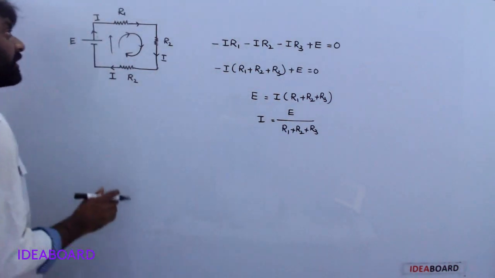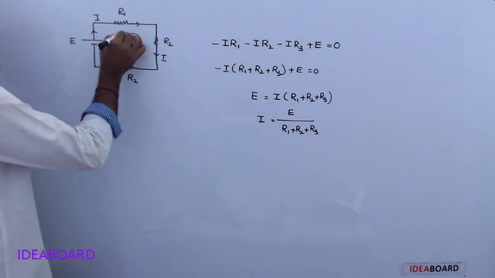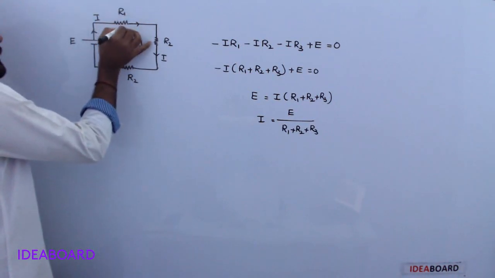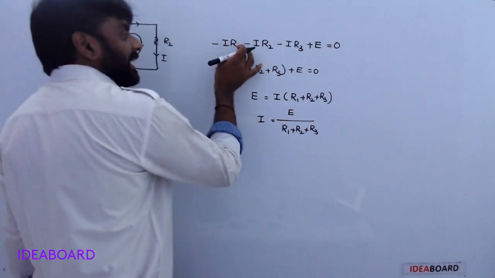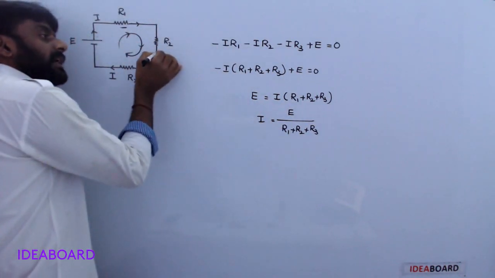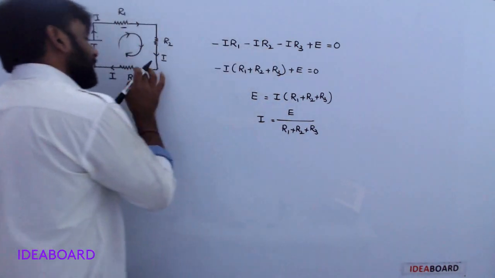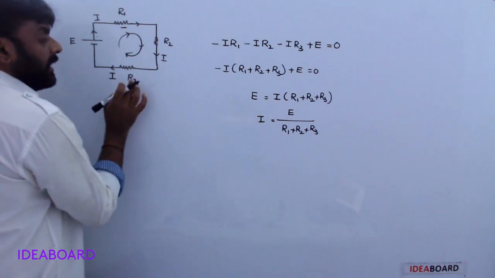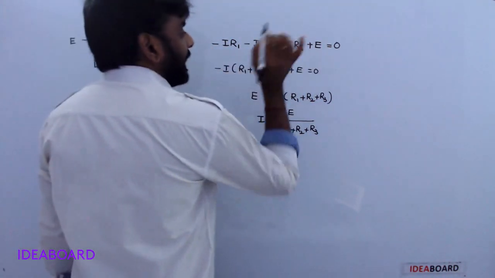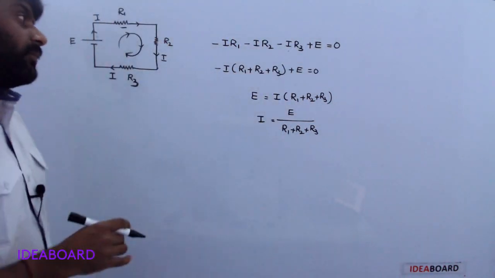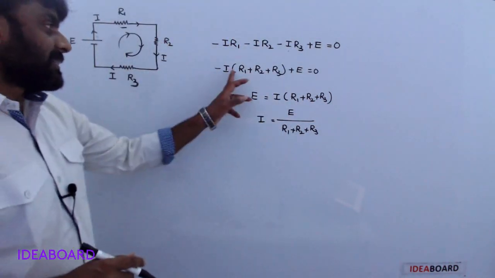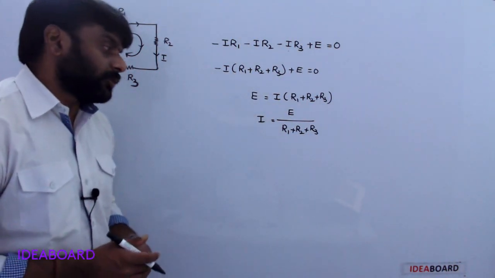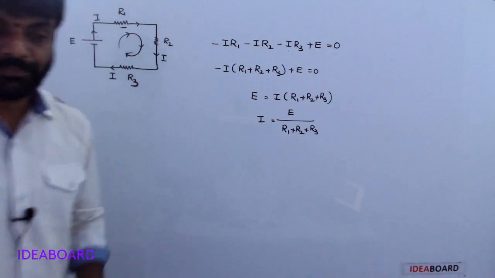Once again, you are taking in the current passing direction. That's why the potential drop across R1 is minus IR1, across R2 is minus IR2, across R3 is minus IR3, plus E is equal to 0. Minus is common. On simplification, I is equal to E by R1 plus R2 plus R3.